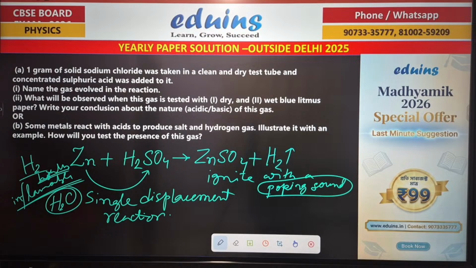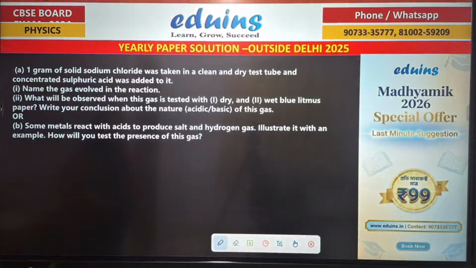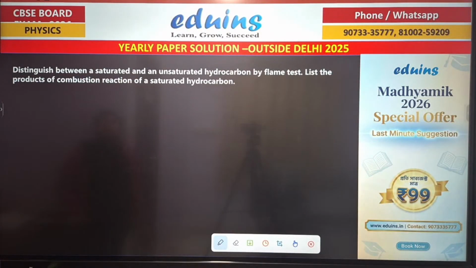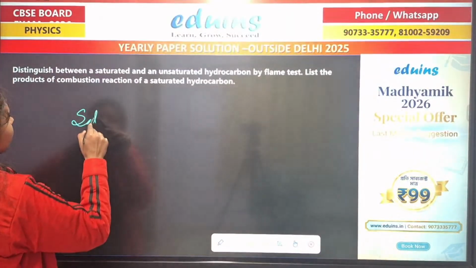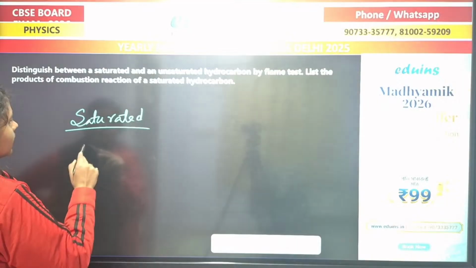Okay. Now, the next question. Distinguish between saturated and unsaturated hydrocarbons by flame test. List the products of combustion reaction of a saturated hydrocarbon. So we know about saturated and unsaturated hydrocarbons. At first, saturated hydrocarbon means alkane.